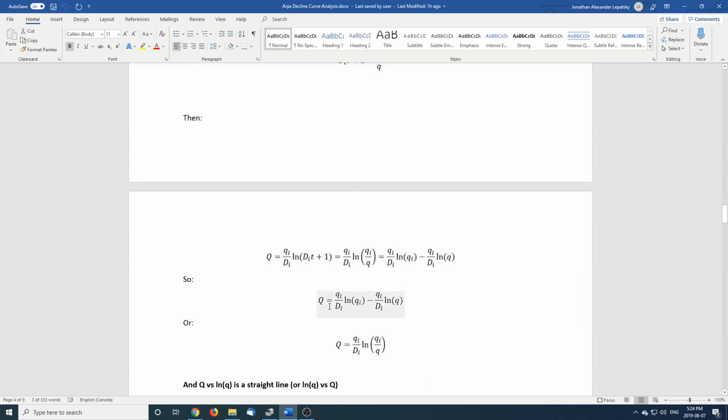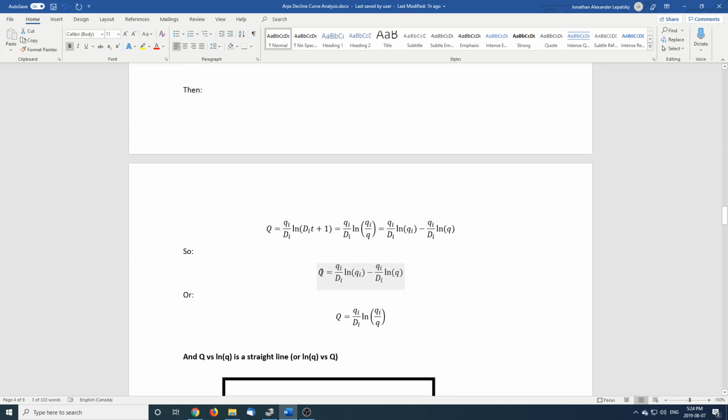So if you look carefully at this equation here, you have Q, which is cumulative flow. This is a constant because this is all initial values. This is a constant, but this changes. So what would happen if you plotted this versus the logarithm of the flow rate?